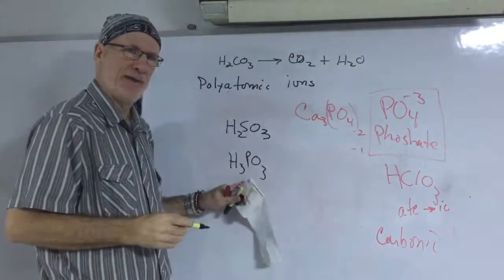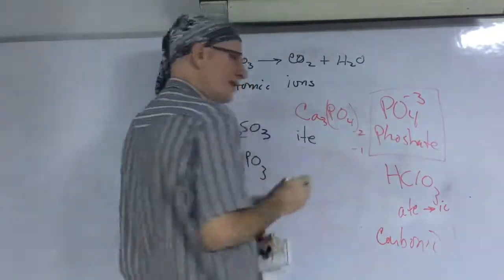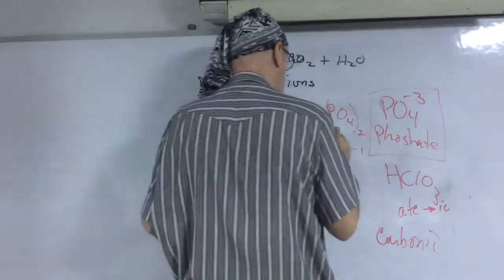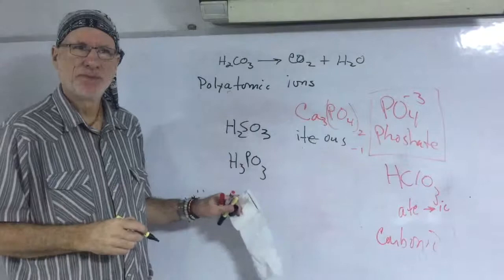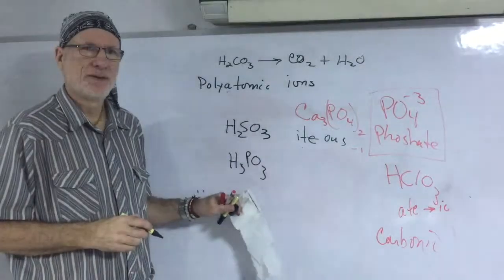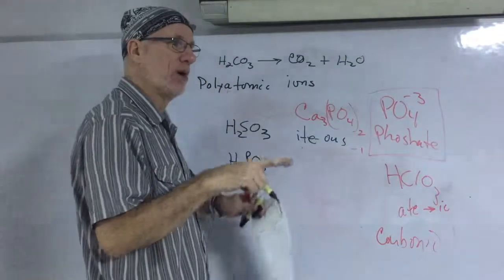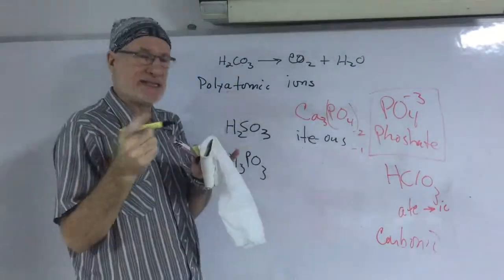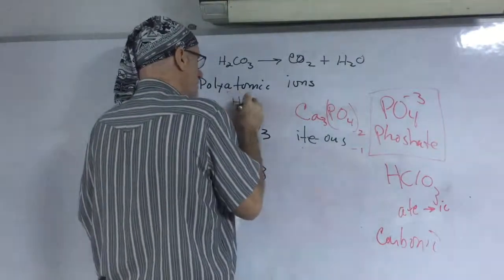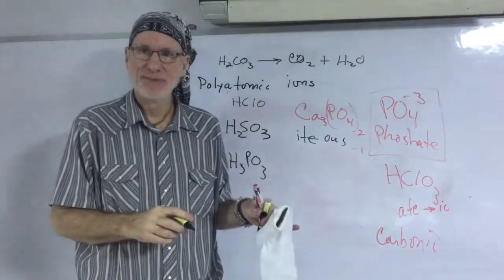Right? You ready? Ite becomes ous. Ite becomes ous. Remember I said hypochlorite is bleach. HClO is hypochlorous acid.